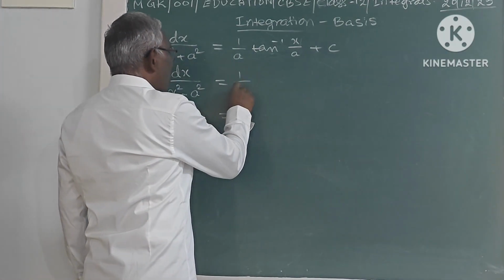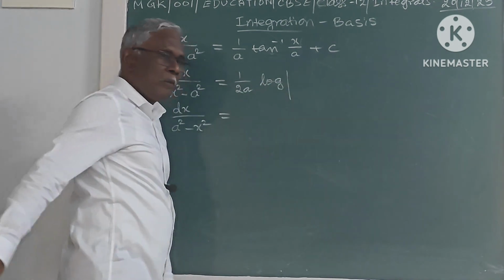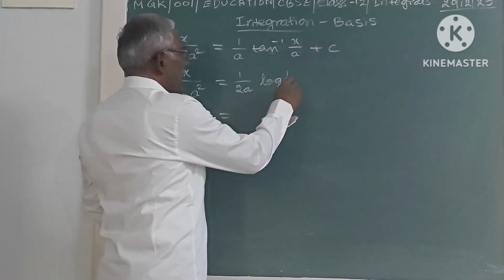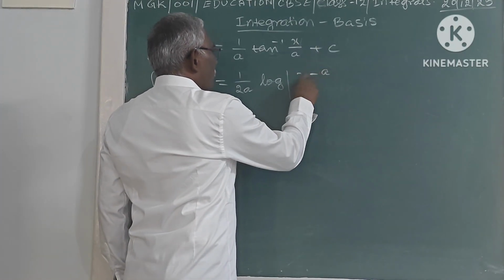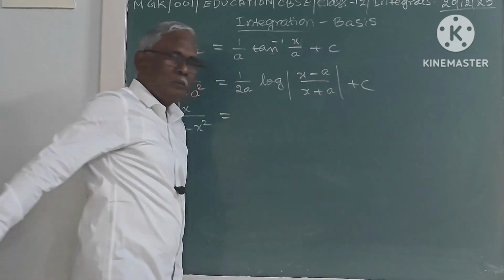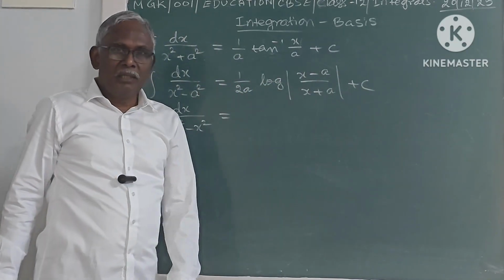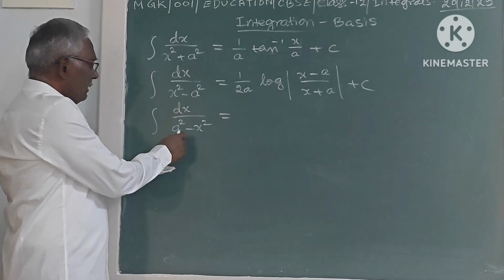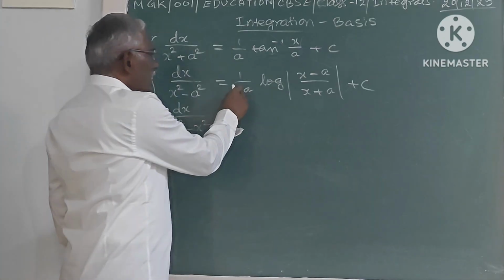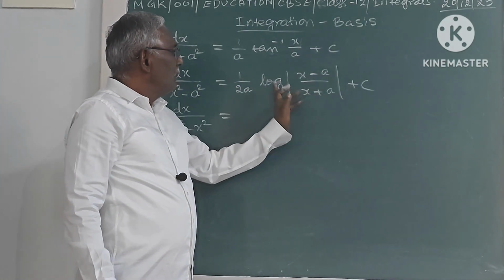That's written 1 by 2a times log of, here x square minus a square is coming, so x minus a by x plus a plus constant. We have to remember x minus a is coming, so x minus a will come in the numerator. Here, if you multiply this integral by minus, we are getting this. So that means there is a minus sign here, this will go here.